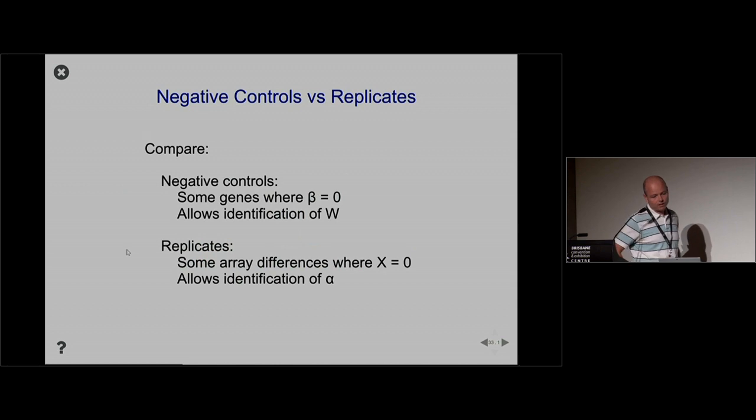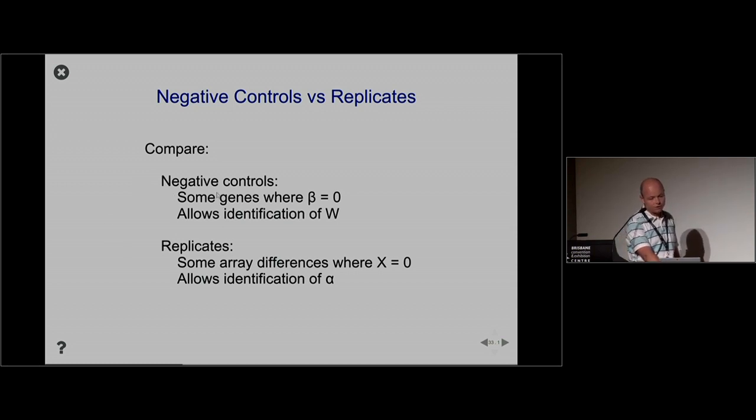Okay, so let me just back up a little bit and look at this big picture. So I've talked about negative controls and replicates and how both of these can be used to identify and estimate aspects of the unwanted variation so that it can then be removed.